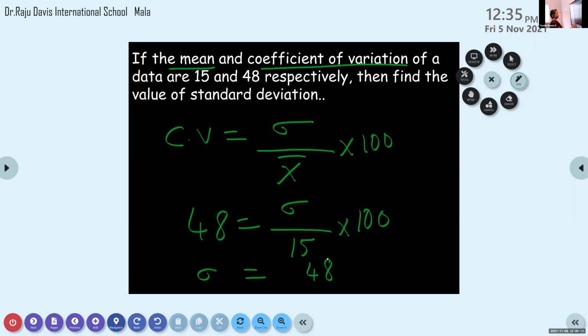It's already here as divided by 15 into 100, so you have to put the opposite of that. 100 is above and divided by 15 is below. When you put this on the other side, it becomes the opposite, right? So 15 will go up and 100 will go down.